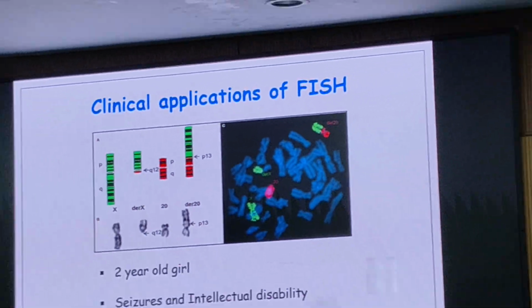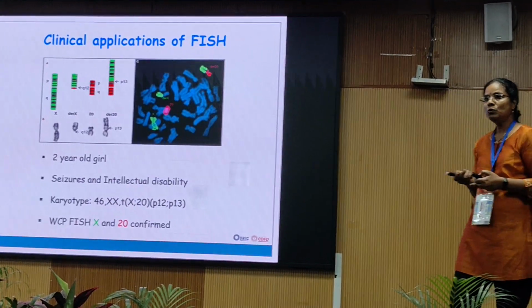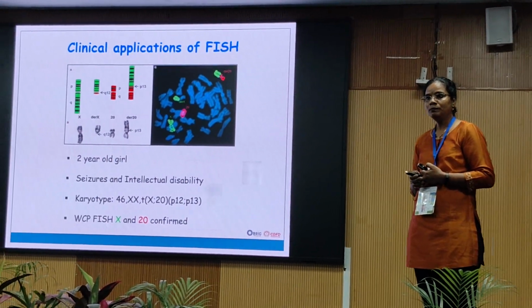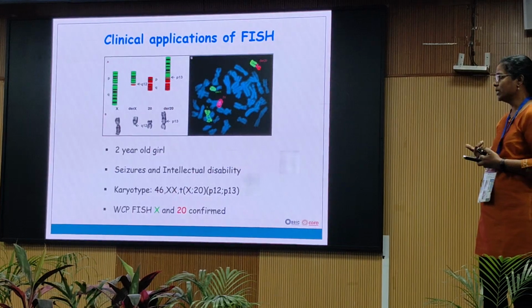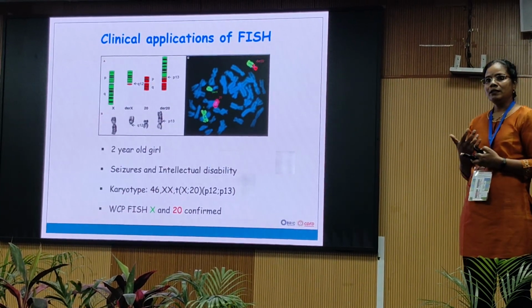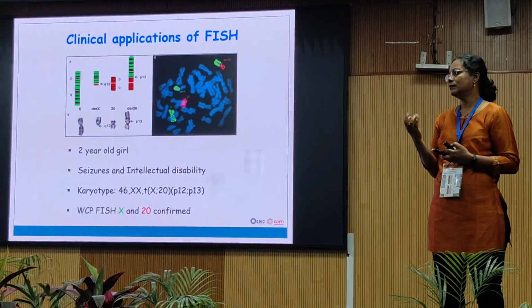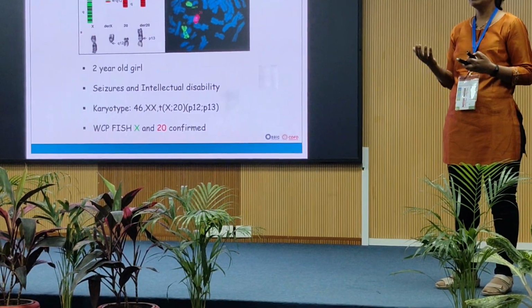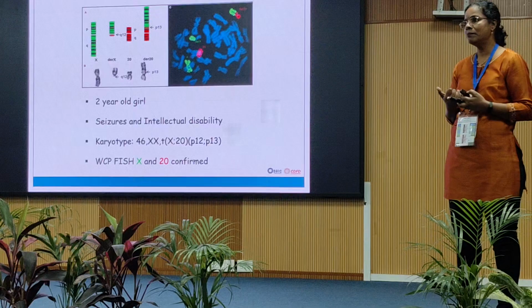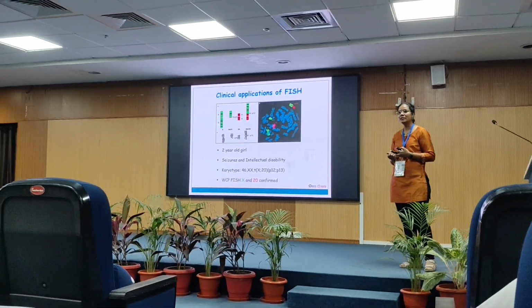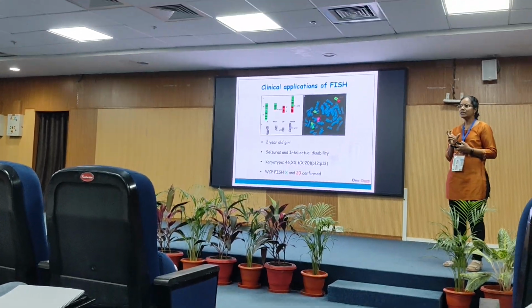Prior to the Human Genome Project, the traditional way of identifying base pairs or a particular gene was called physical mapping. This physical mapping is done by FISH probes.